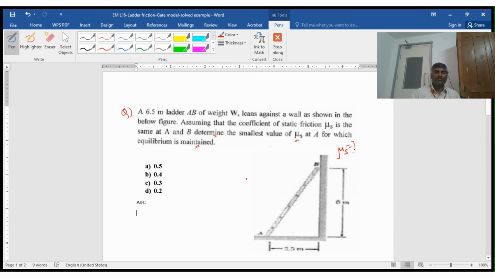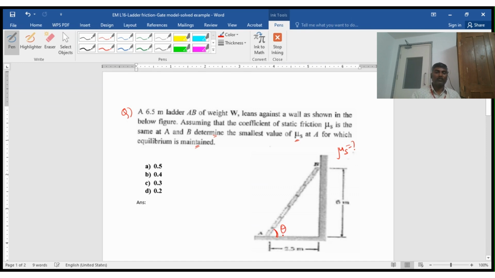If you try to solve this in a regular fashion, it is going to be a long answer question and needs some 2 to 3 pages of solution. So here I present to you a short way of solving this. This is the angle theta made by the ladder with the floor.